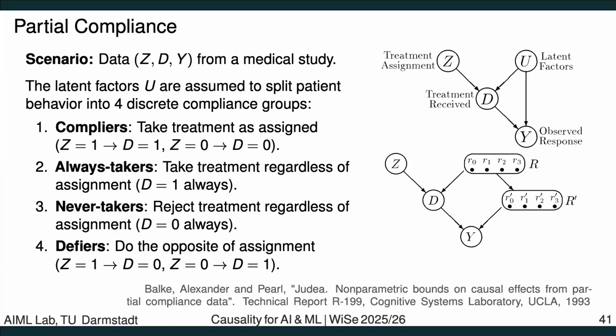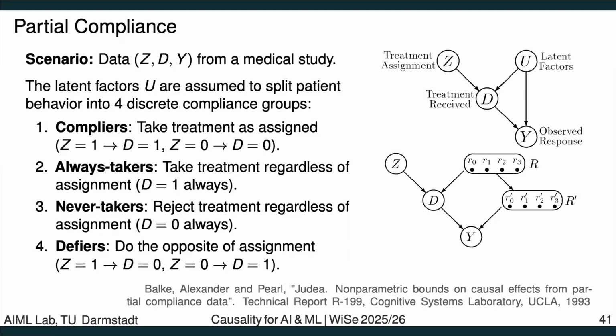And then for these latent factors, we have 4 different cases that can happen. And particularly for the treatment received, it's these 4 on the left. So it's compliers that actually do what their doctors tell them. They take the treatment if assigned and don't if not. Then we have always takers and never takers.